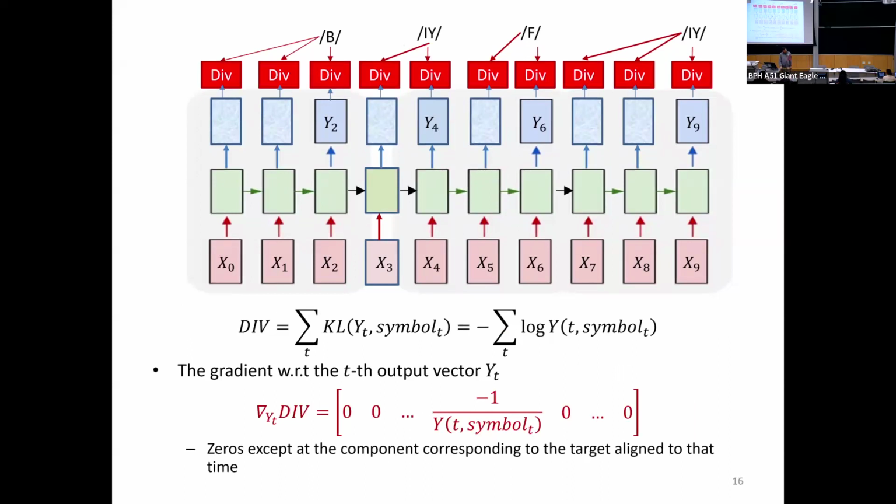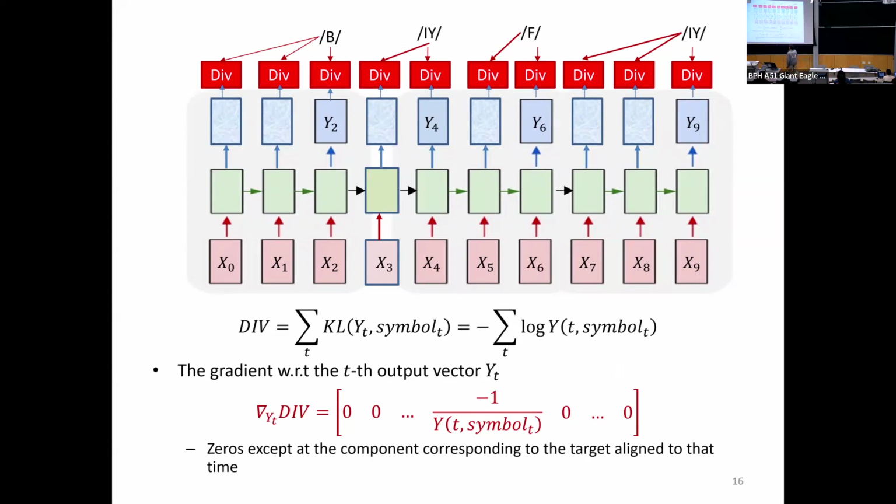And of course, once we had this kind of an alignment, the way we actually performed gradient descent was to start off by computing the gradient of the divergence with respect to every single output produced by the network.